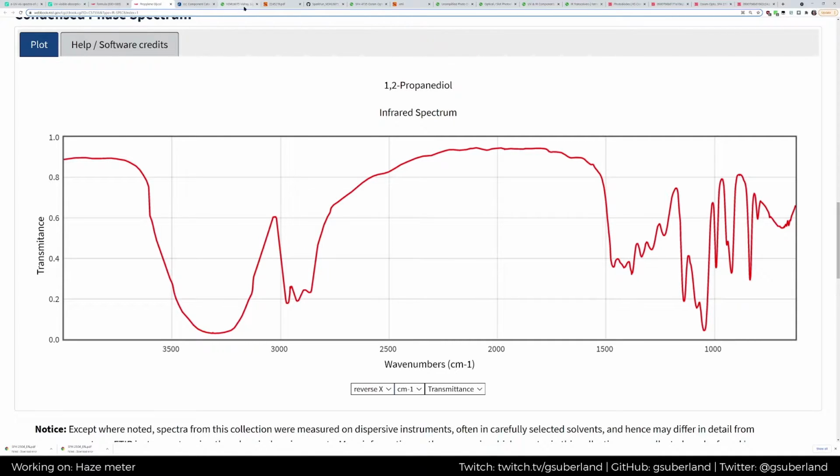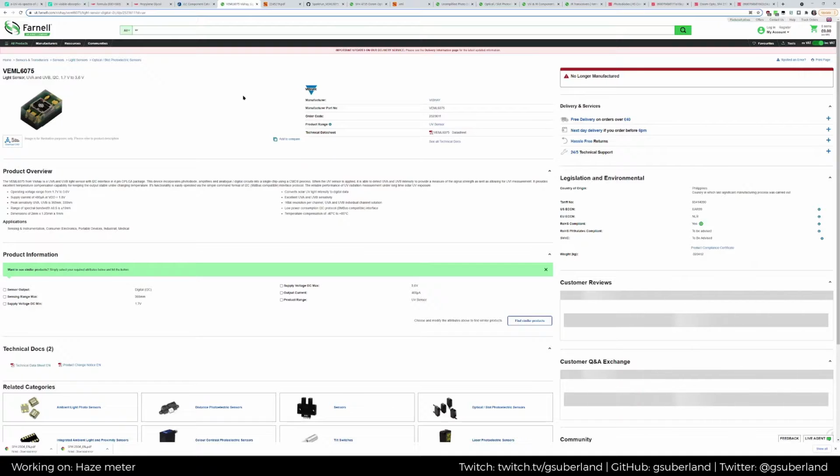So this thing, the VML6075, is no longer manufactured. However, it was very popular for a while. There were breakouts from SparkFun and a couple of other places, so you can still get the little breakouts on eBay.